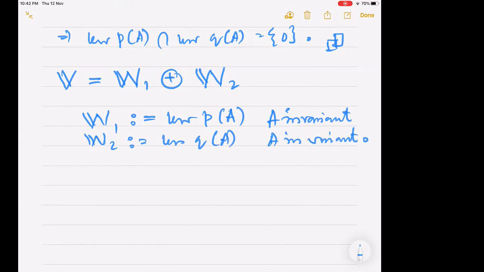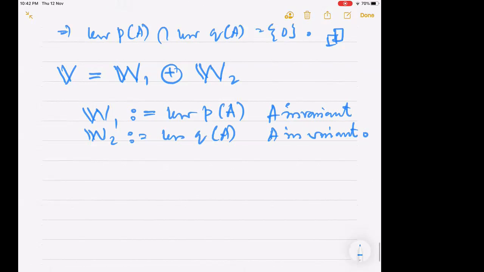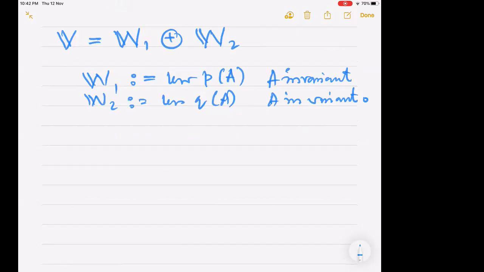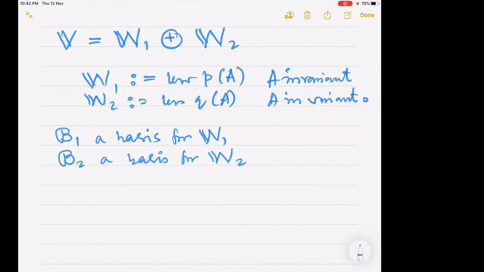So I already have factorized my whole space into a direct sum of two A invariant subspaces. So choose a basis for W1 and choose a basis for W2.